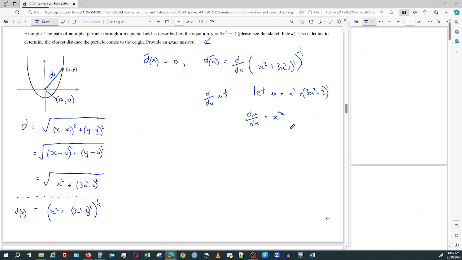But we're also going to have to sum a d dx of this one. So now that's just in expression form.